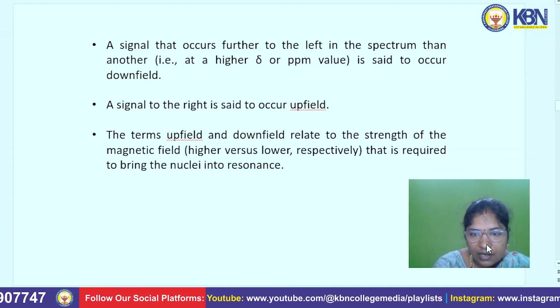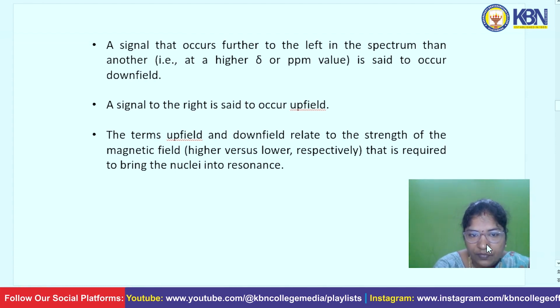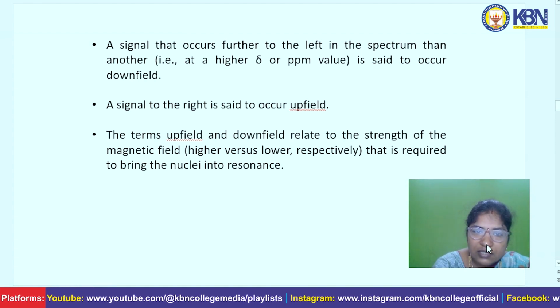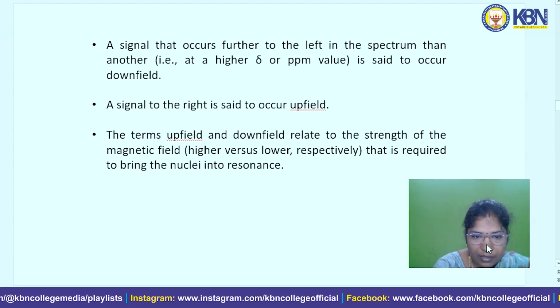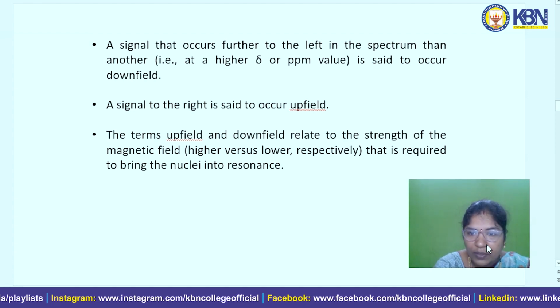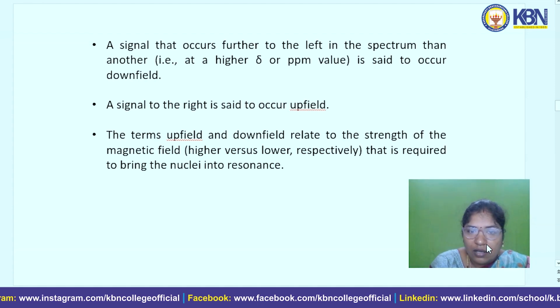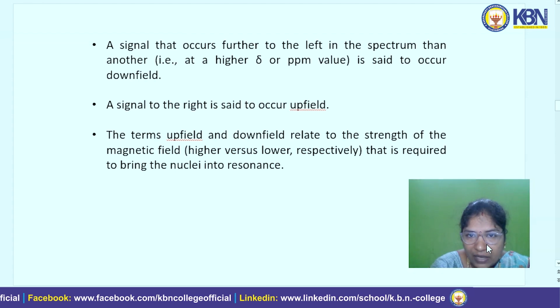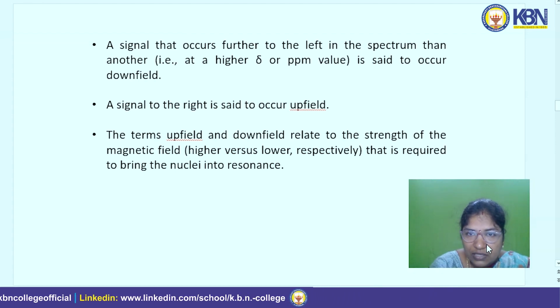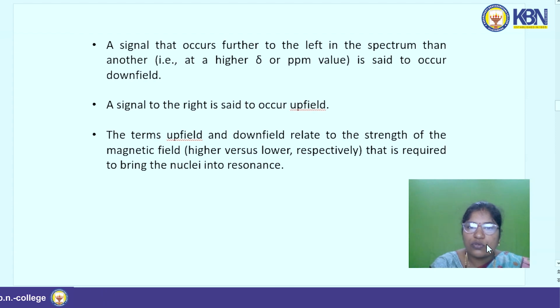A signal that occurs further to the left of the spectrum than another is said to be downfield. A signal to the right of the spectrum is said to be upfield. Upfield shows the compounds that show low magnetic fields or low chemical shifts. Downfield means deshielding. Due to the deshielding, those protons give high NMR values, high peaks, that move to the left side.